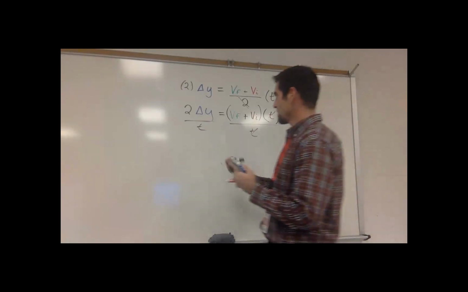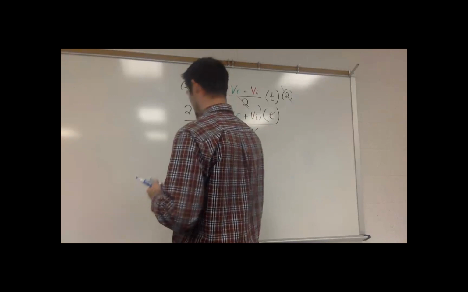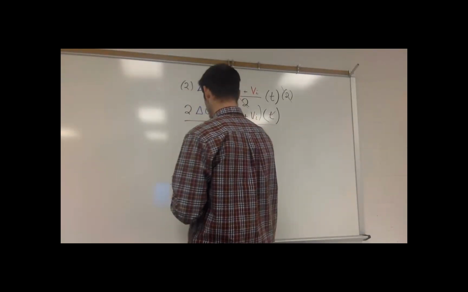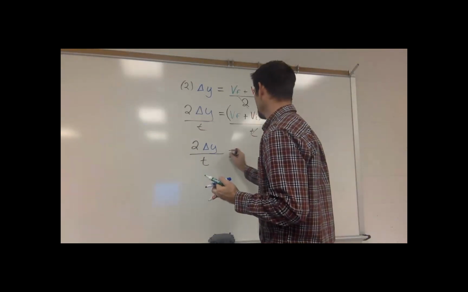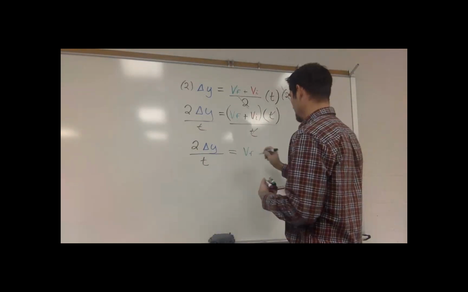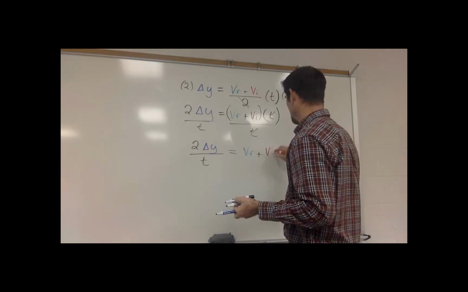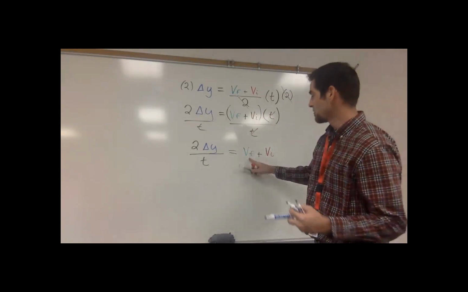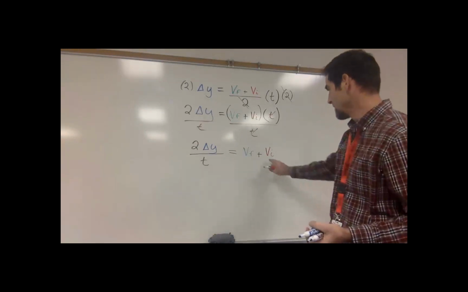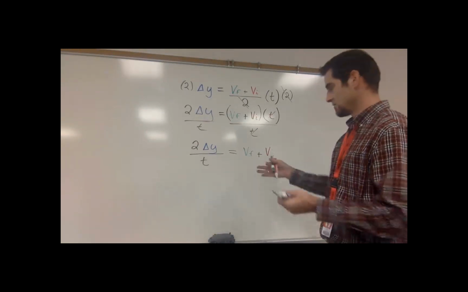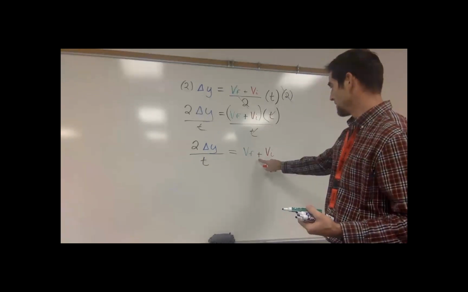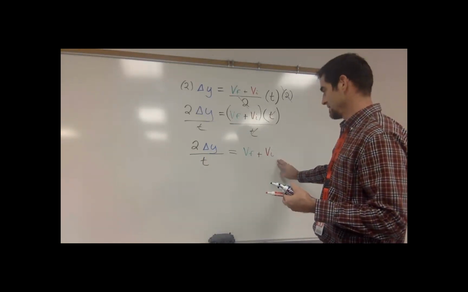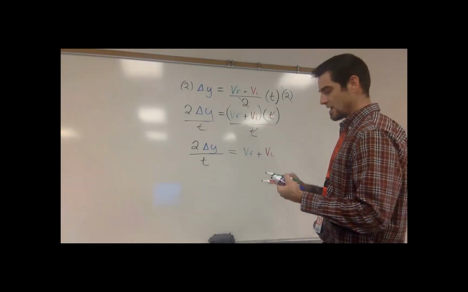All right, now let's write what we have. 2 delta y over t is equal to VF plus VI. Okay, so we were solving for final velocity, right? So we have one last step. We need to get rid of the initial velocity on this side. So this is a plus velocity, so what we have to do is subtract that initial velocity from both sides.